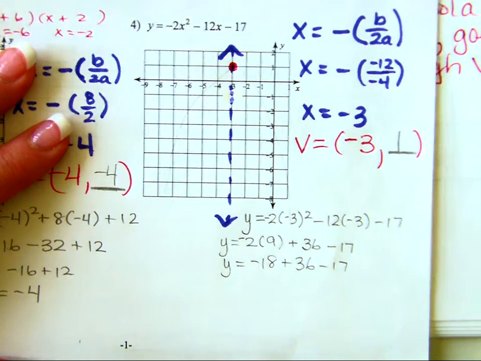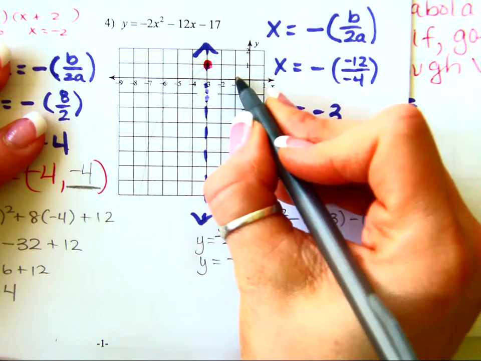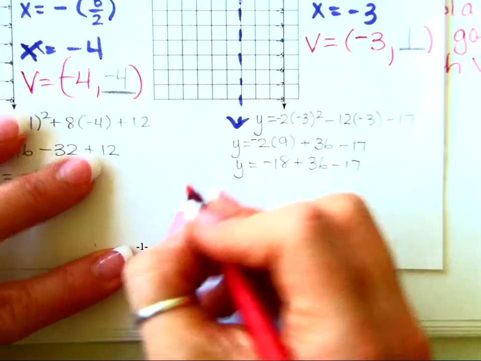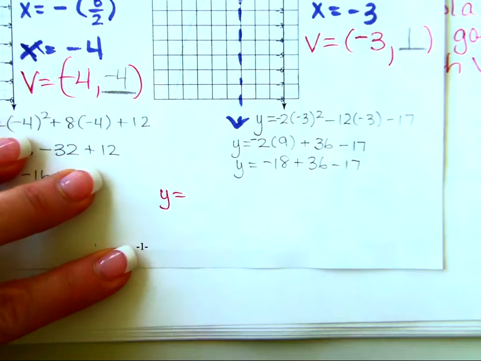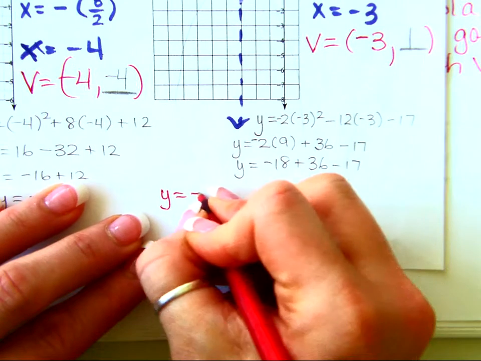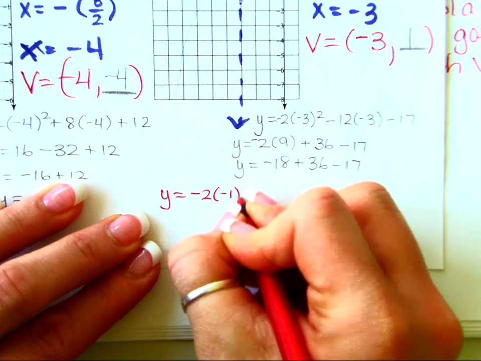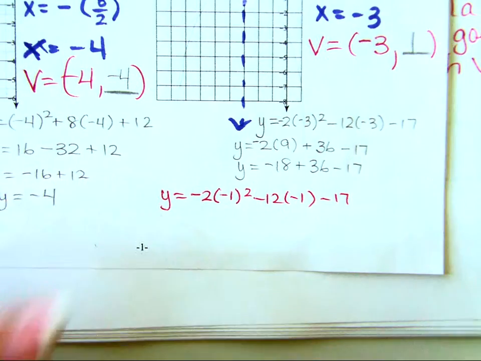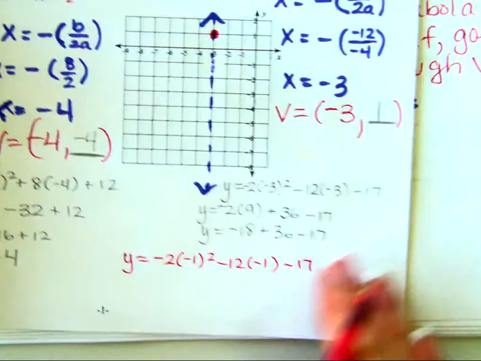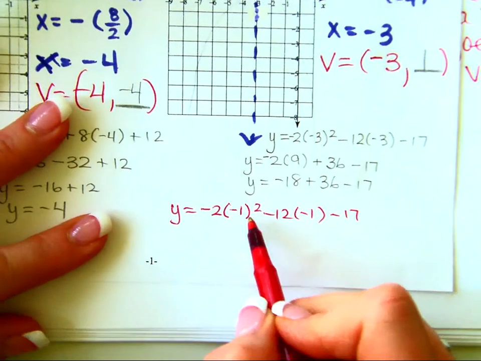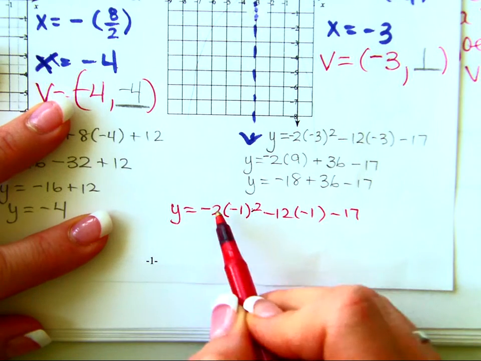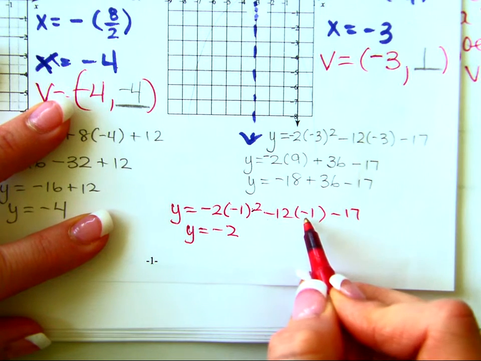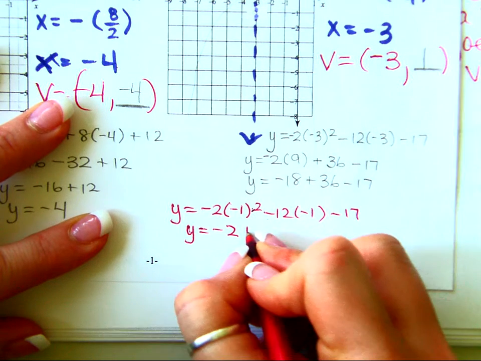So you know what? Let's just use -1. Okay, that's safe, right? Again, we got to do this whole process. So I'm going to say y is equal to, when I'm making x -1, -2 times -1 squared minus 12 times -1 minus 17. -1 squared is +1. +1 times -2 is -2. -12 times -1 is +12.